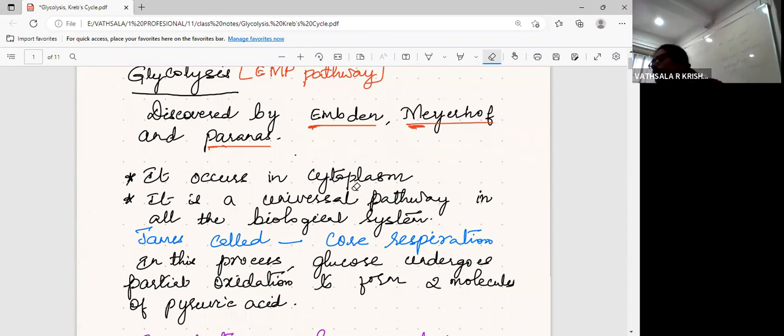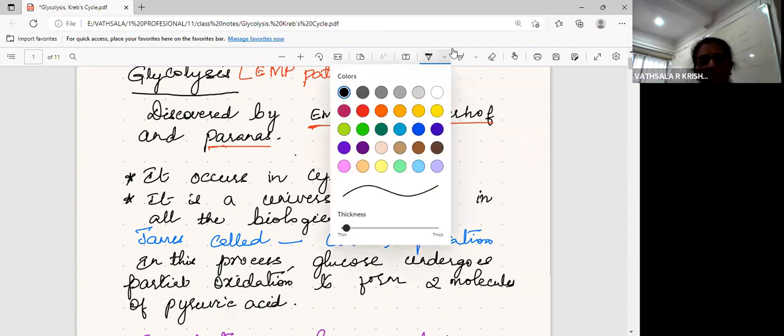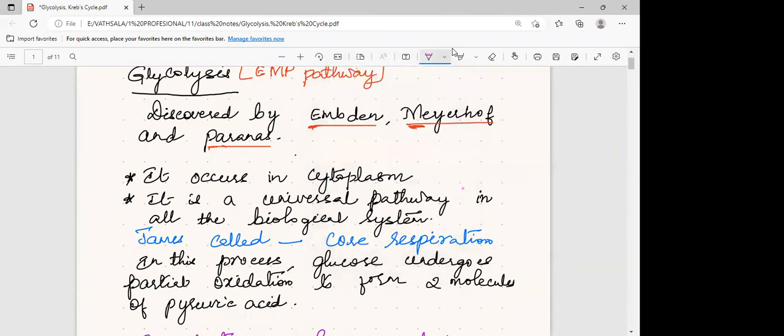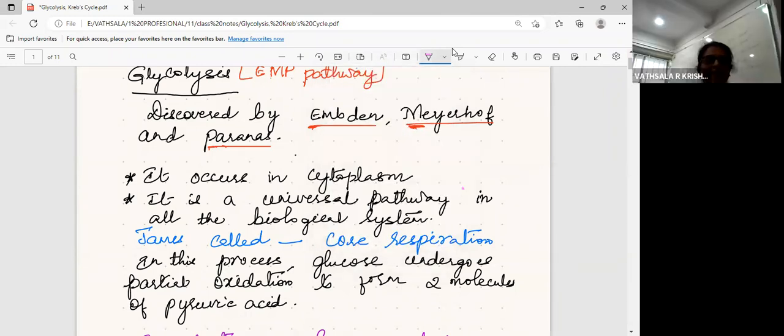Open NCERT, what is the page number? 229. Have you all opened? Okay. This pathway was discovered by Emden, Meyerhof and Parnas, so it is also called the EMP pathway.